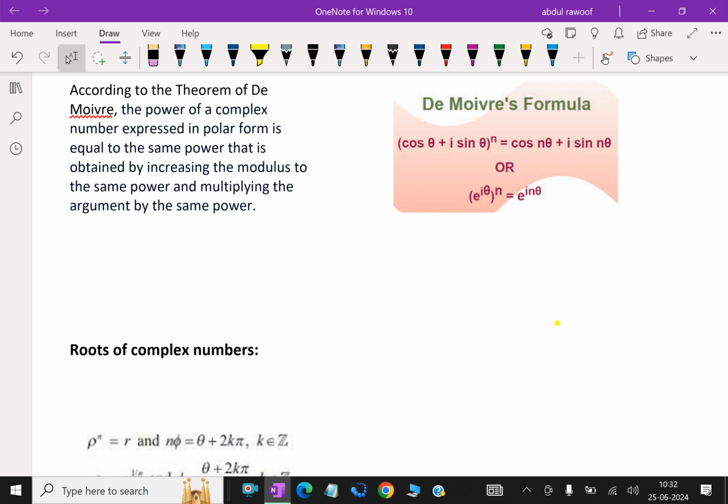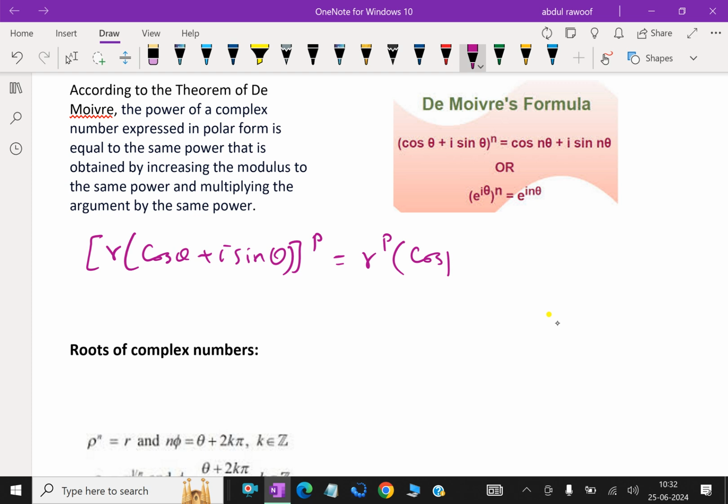Then we can write in this form also. Look at here. R into (cos theta plus i sin theta) power P is equal to R power P cos P theta plus i sin P theta.